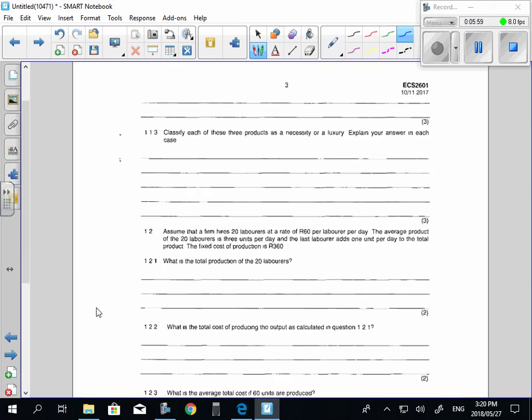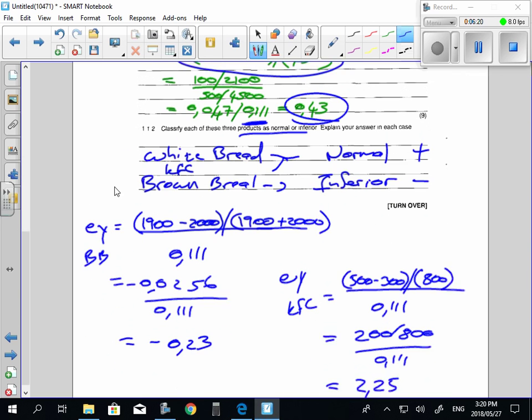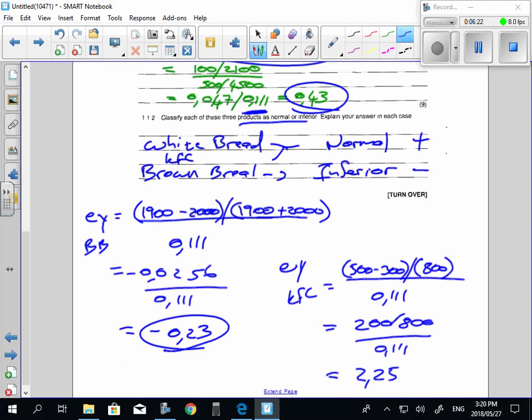Then classify each of these into a necessity or luxury. So now for your necessity, your income elasticity is between 0 and 1. Okay? And as we saw, white bread 0.43, brown bread 0.23.